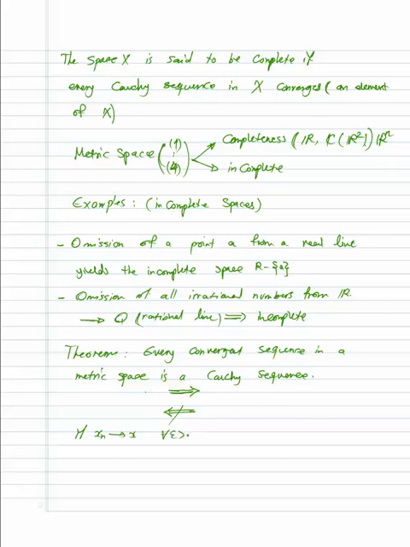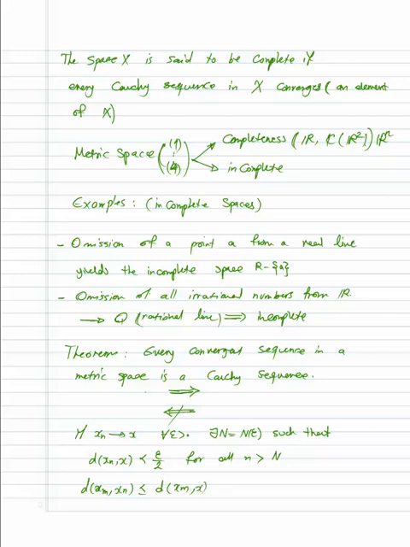d of xn and x, the distance between xn and x, is less than epsilon over 2 for all n greater than n. Then using the triangular inequality, we know that d of xn and xm is less than or equal to d of xm and x.